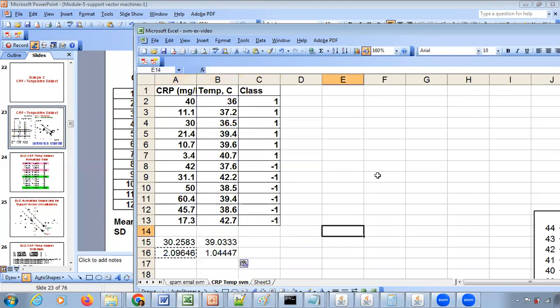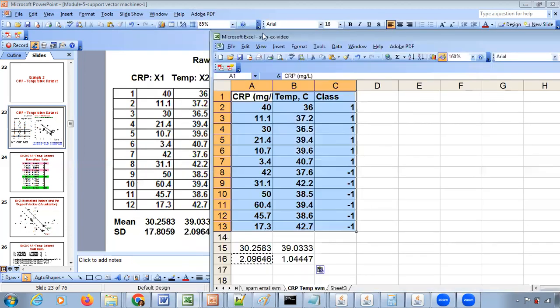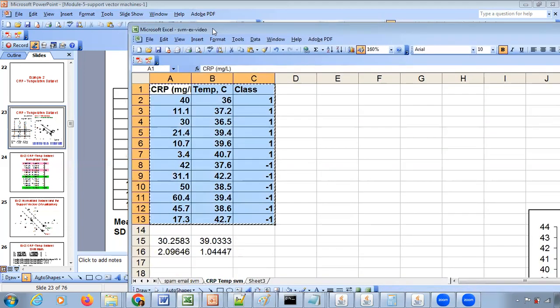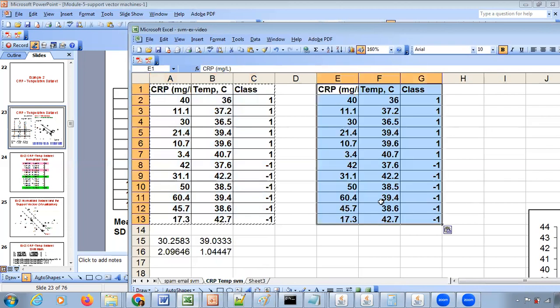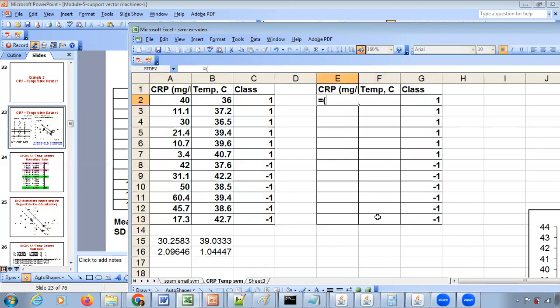So once you have this, the records are not numbered in this version. It's numbered here though, but we don't need the numbering. So let us just copy the structure and get the normalized data set. This is going to be A2 minus the mean of CRP, which is 30.2583, divided by 2.09646.